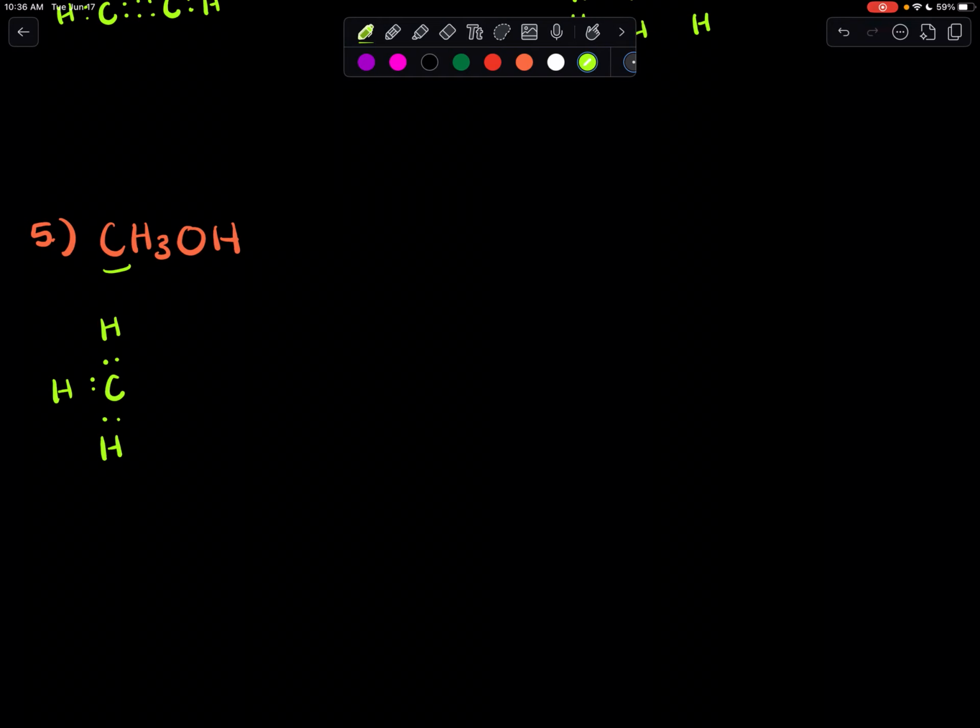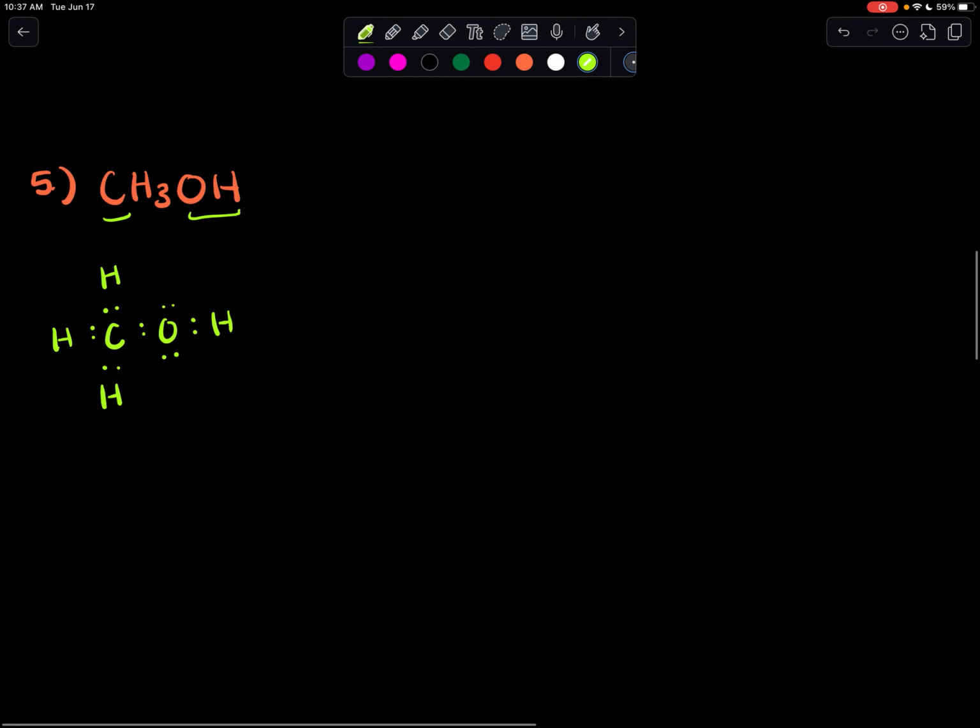And now we want to have the O and the H off to the side there. So I have my O and I have my H, and we're all set. However, we don't have 8 electrons surrounding that oxygen. So we need to make sure we do that. There. Now it's completely set. No violation of the octet rule, and that would be our final.